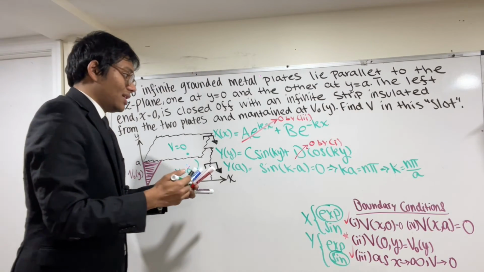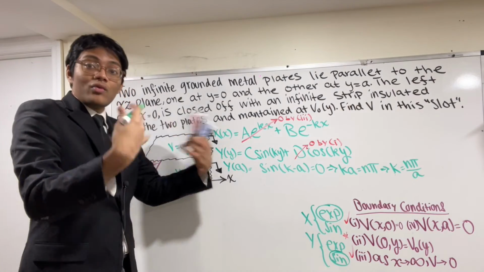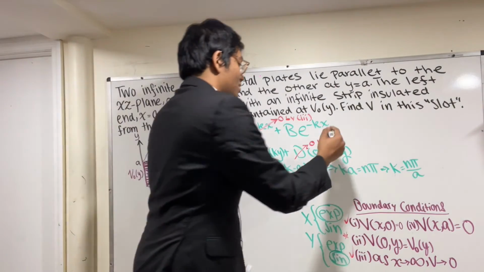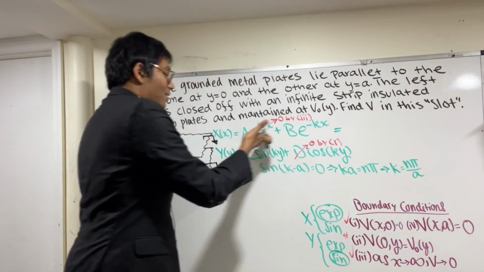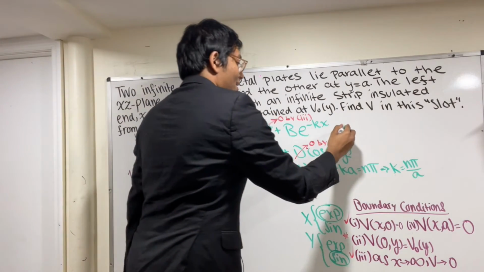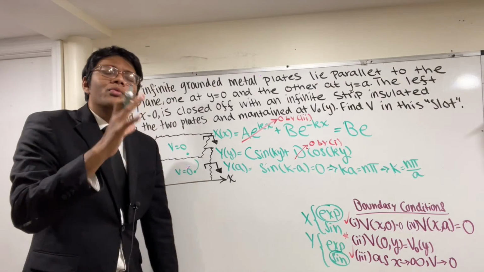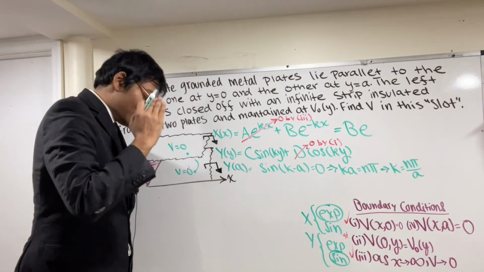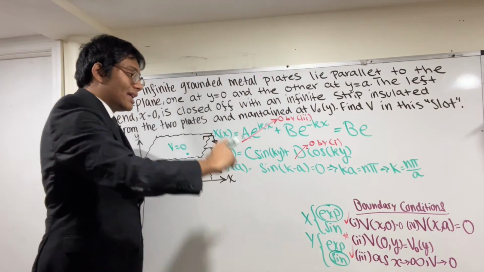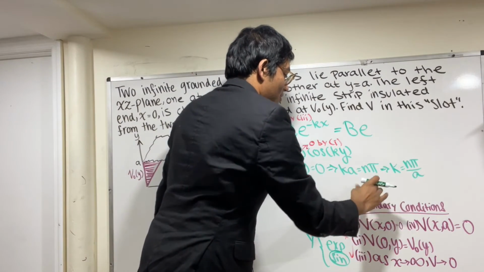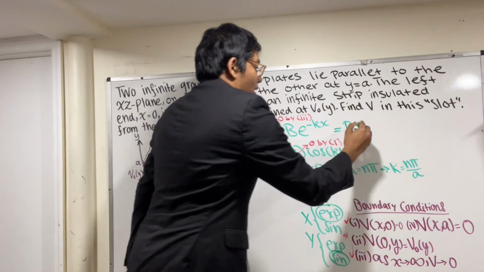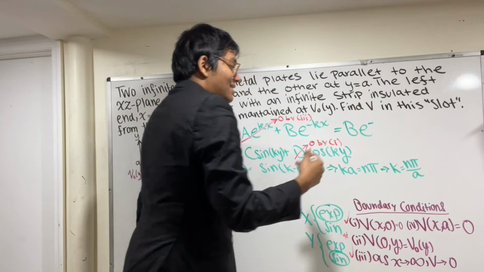Not too shabby. So now we have completely reformed our original functions, our original guesses. Now my x function is b e, and I'm left only with the decaying exponential, so that the potential may reduce to 0 as I head off towards the sunset, towards infinity. So b e to the minus kx.